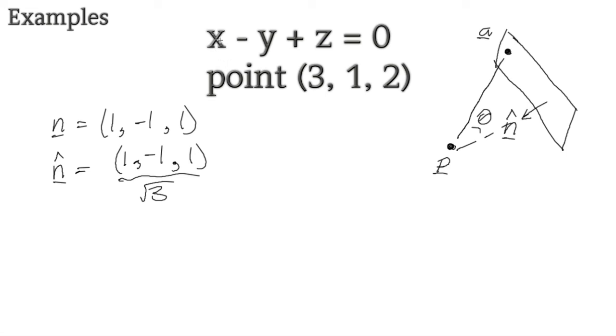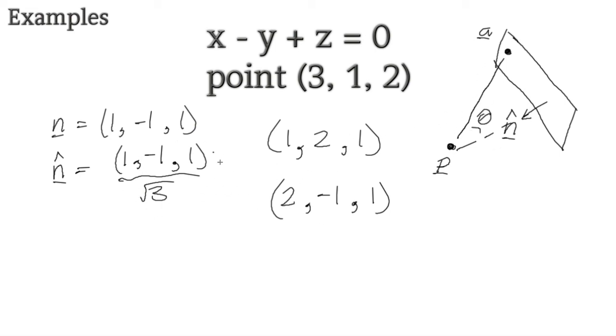So let's use 1, 2, and 1 so that 1 take 2 plus 1 equals 0. So we have 1, 2, and 1 as our point. And now we can take the 1, 2, 1 away from 3, 1, 2 to get 2, minus 1, and 1 as our separation. So with this separation, we can apply the dot product.